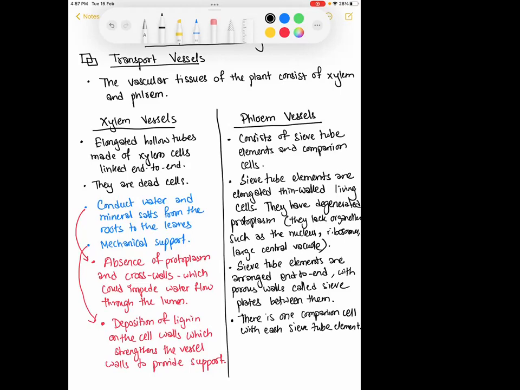And they are responsible for performing all the metabolic functions for the sieve tube elements, because the sieve tube elements, they do not have anything. Like I said, they have degenerated protoplasm. So this companion cell does everything for them.